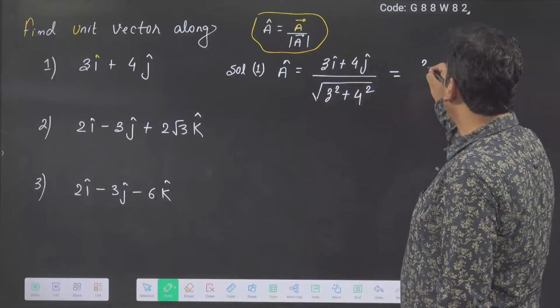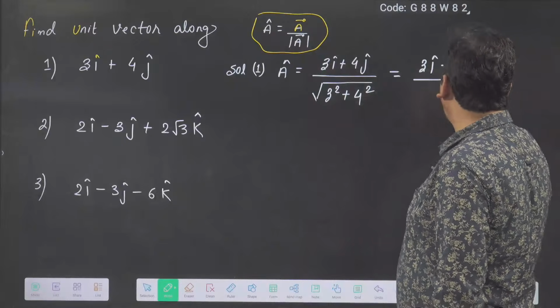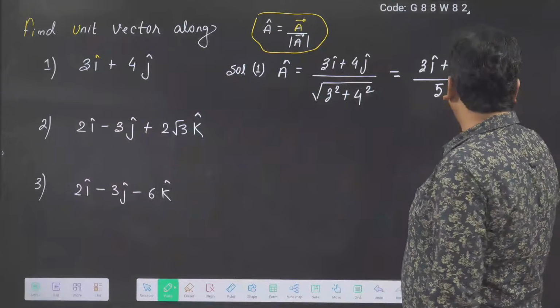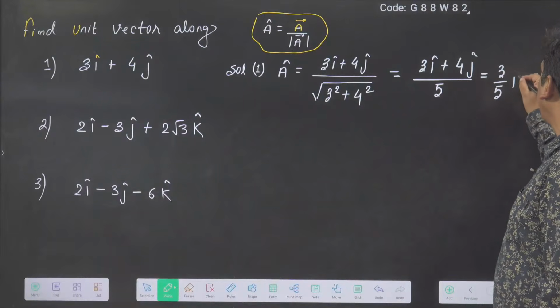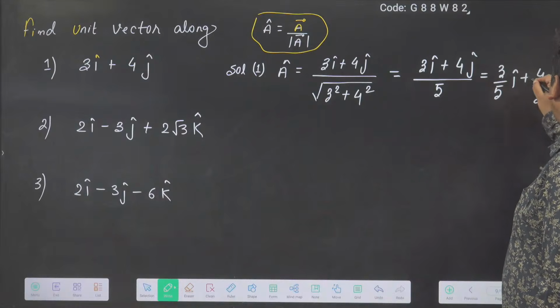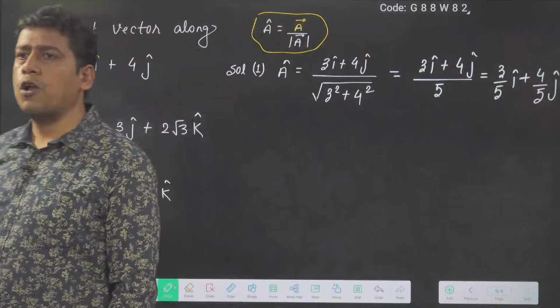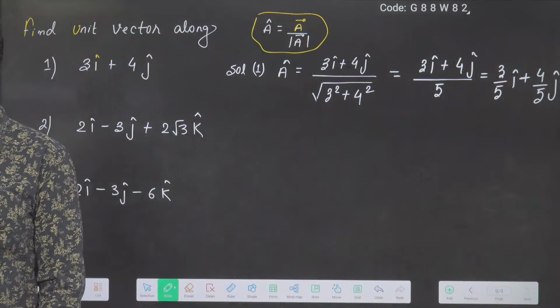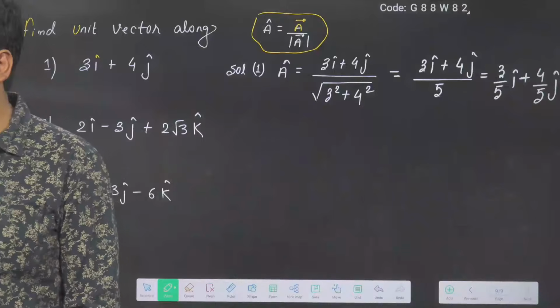So you can write it as 3i cap plus 4j cap whole divided by 5. In a decent way, if you want to write, you can write 3 by 5 i cap plus 4 by 5 j cap. Oh, so many answers. Okay.